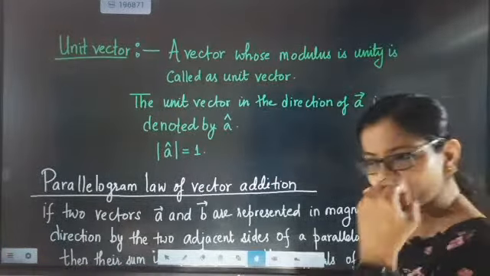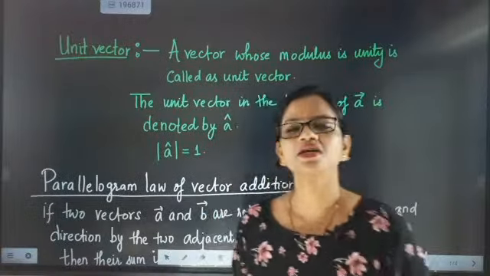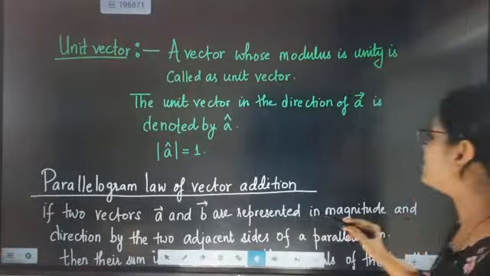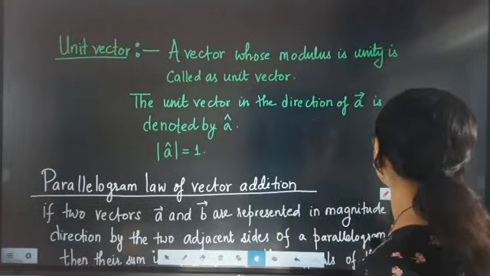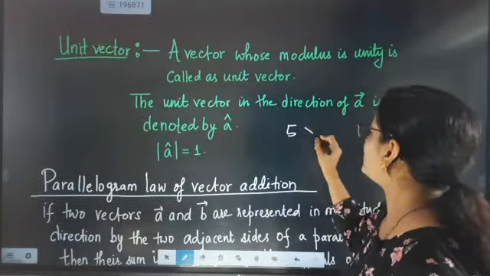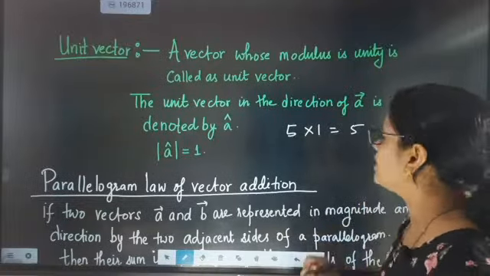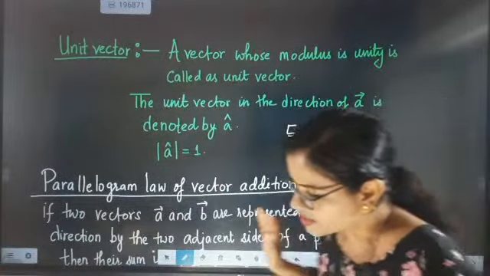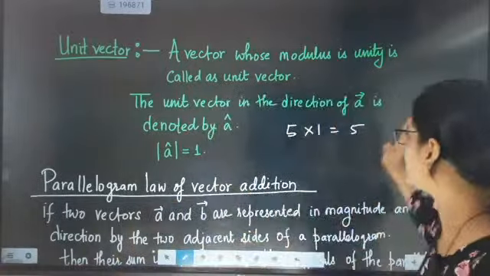So apart from definitions and all, now let's understand vector in a very different way. If somebody tells me 5 into 1 is equal to 5, then it's not a joke for me. I'm not going to take it as a joke. I'm going to present it very nicely. I'm just going to show you one simple thing.